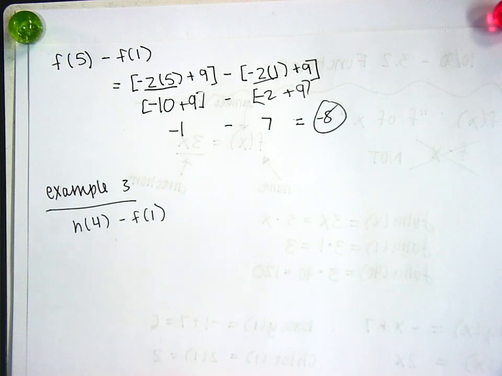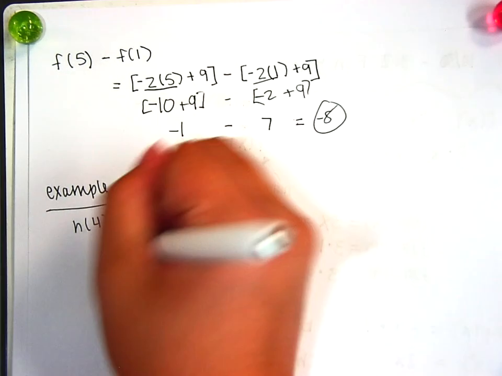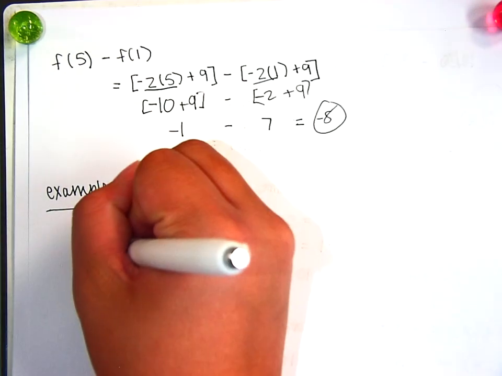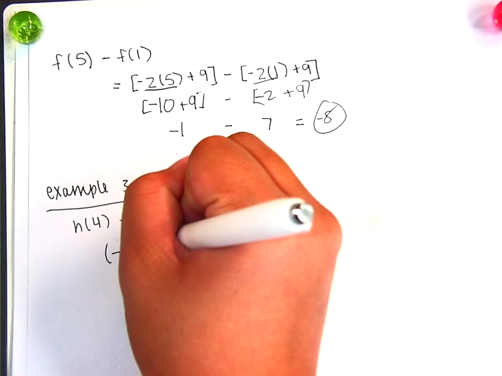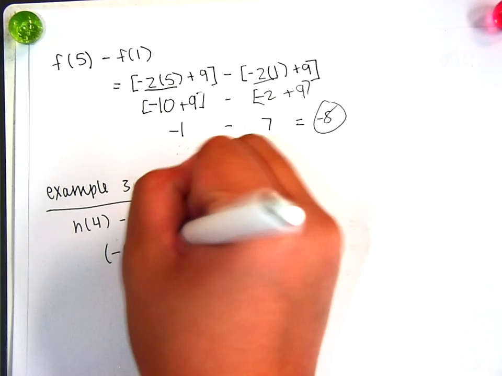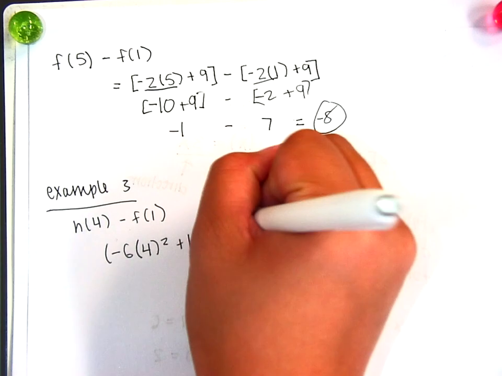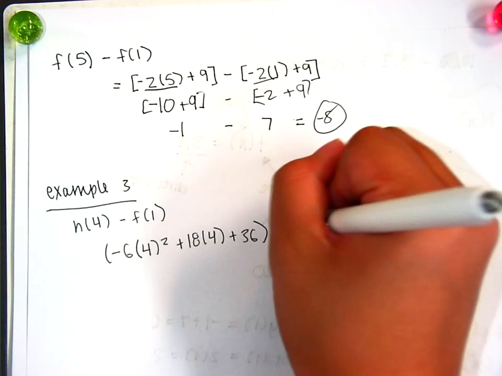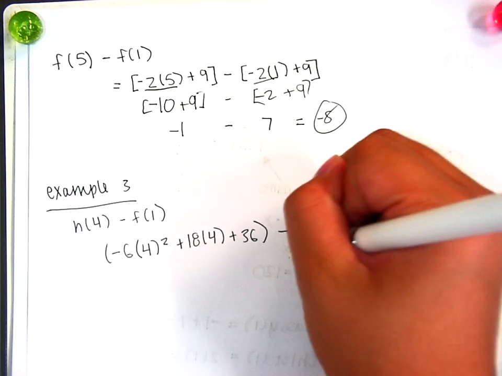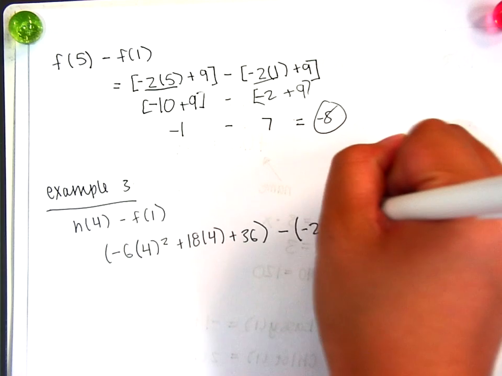How do we know which function we're supposed to use first? H. Because H is the name, right? So we're going to use negative 6 times not x, but 4 squared plus 18 times 4 plus 36, and close the parentheses. Minus, what's our f function? F of 1. Negative 2 times 1 plus 9.